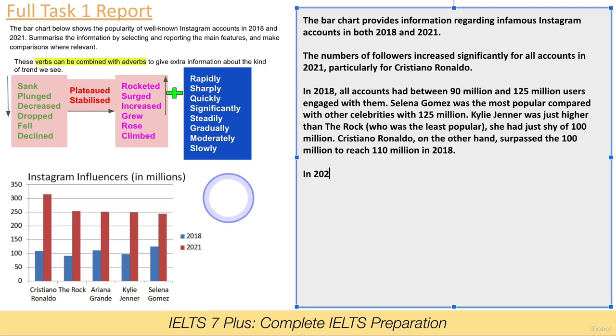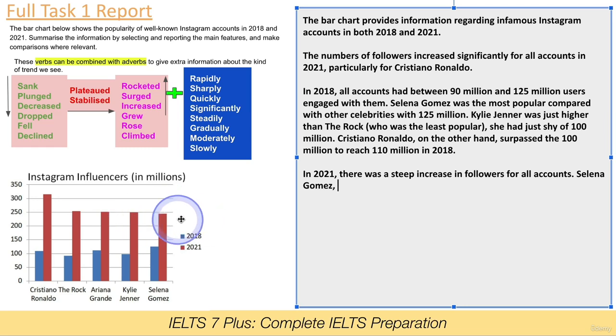In 2021, there was a steep increase in followers for all accounts. There we go. We're opening this up to dive into more detail. Let's have a look. So, Selena Gomez, we could talk about how she's actually now the least popular.